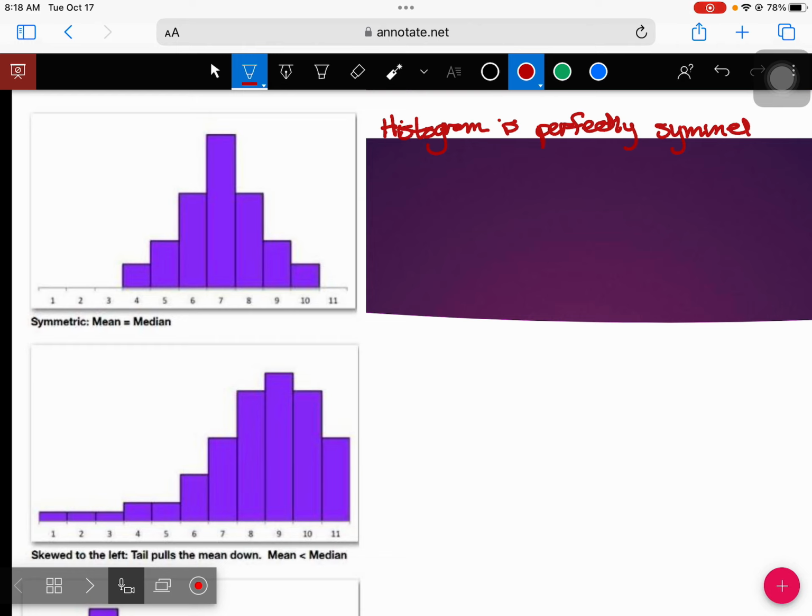Which means it looks exactly the same to the right and to the left of the middle. Okay? I wish I could have a desk right here. If that is the case, the mean and the median will be the same.